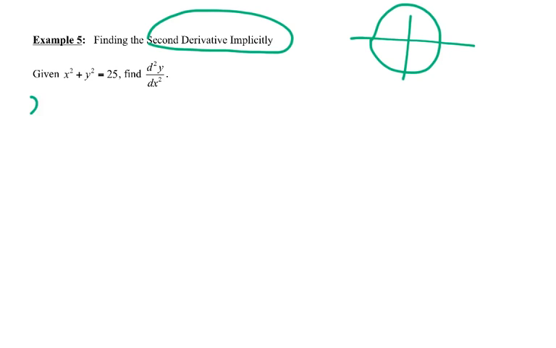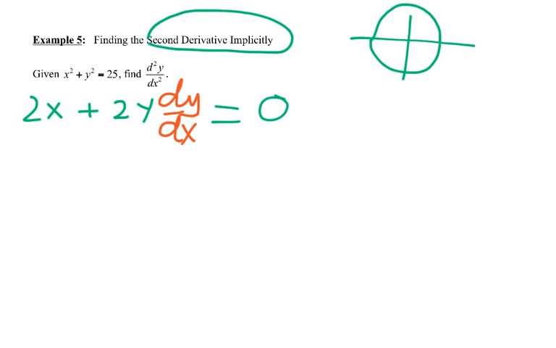So if I'm taking the derivative, the first term is going to be 2x plus 2y, and I'm missing dy over dx, equal to 0. Okay.